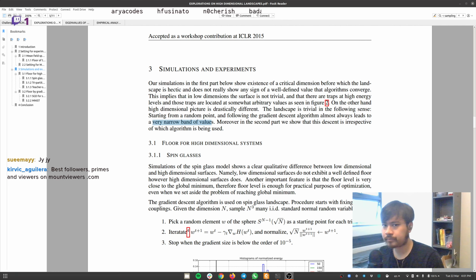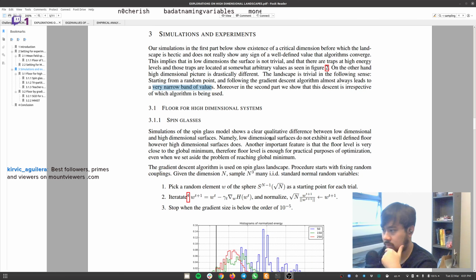Okay. Simulations on the spin glass model have a clearly qualitative flaw for high dimensional systems.